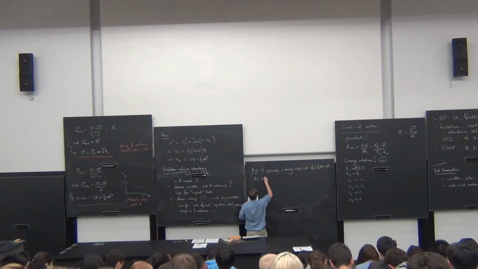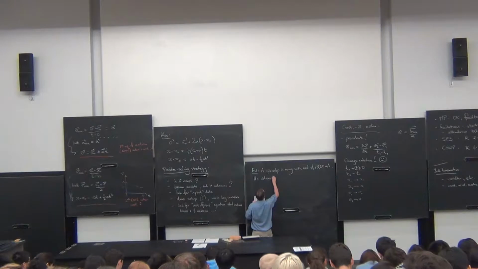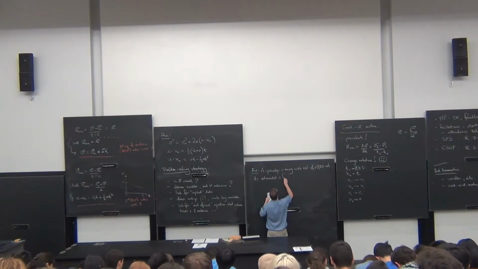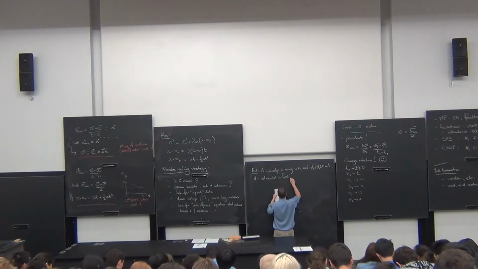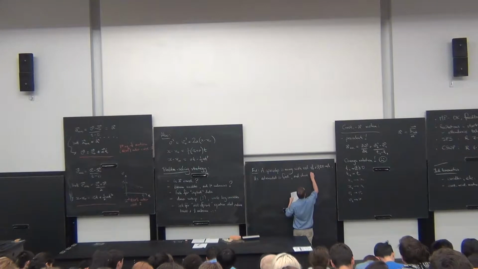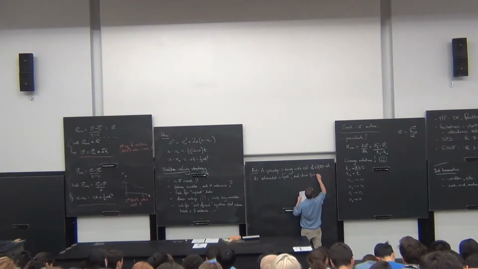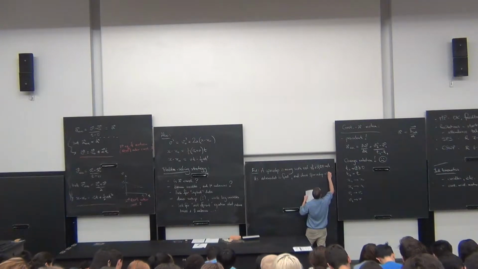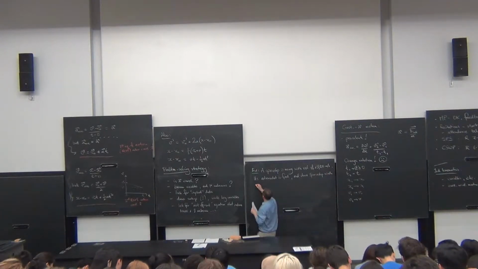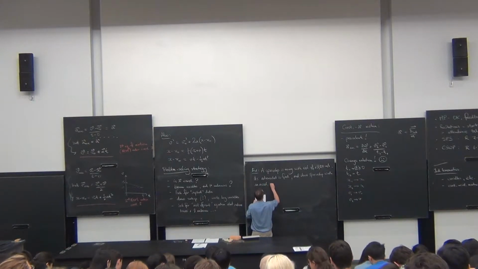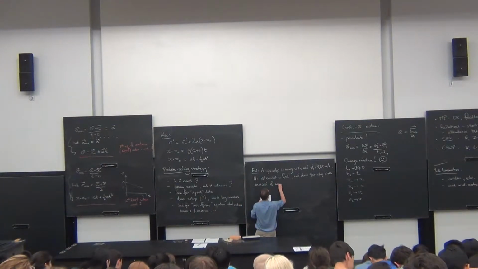Its retro rocket is fired and slows the spaceship with an acceleration of magnitude 10 meters per second squared.